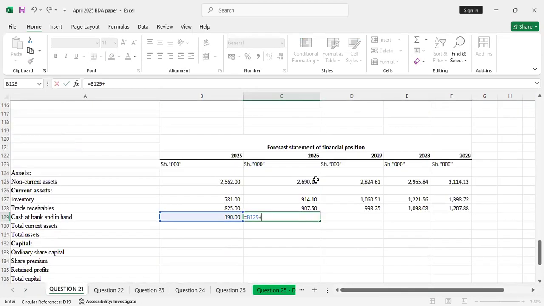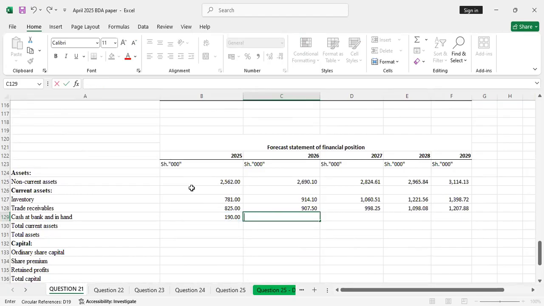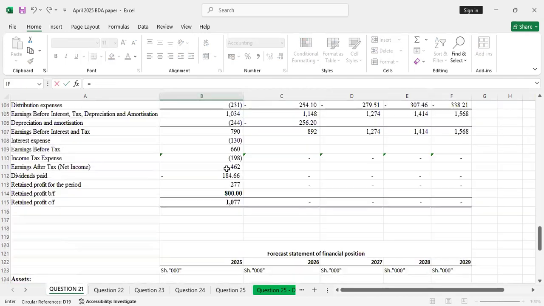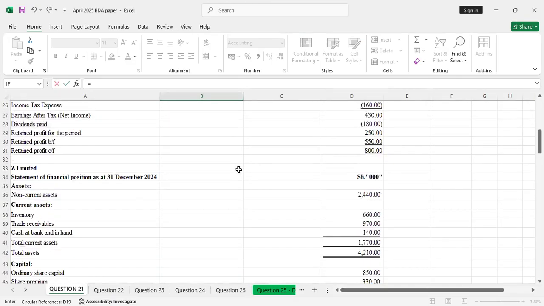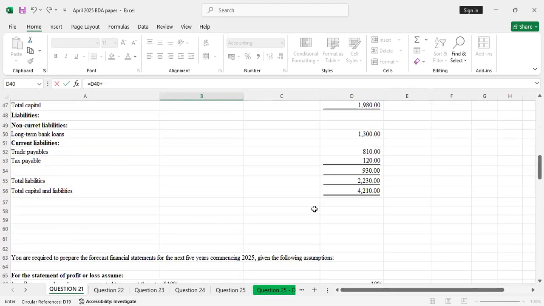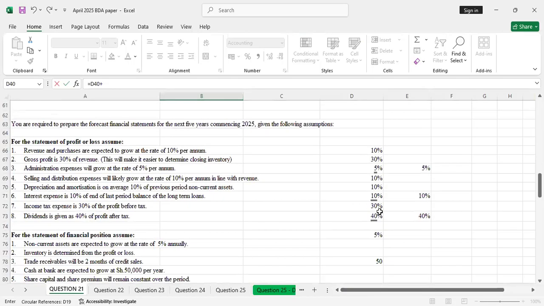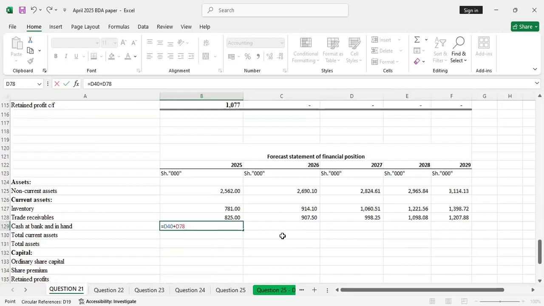Let me delete this. Let me also delete this. I'll say equals to 140, because this paper is all about speed. I'll take 140 plus 50,000, but that 50 I'll lock it.